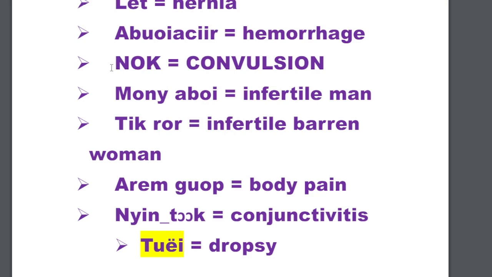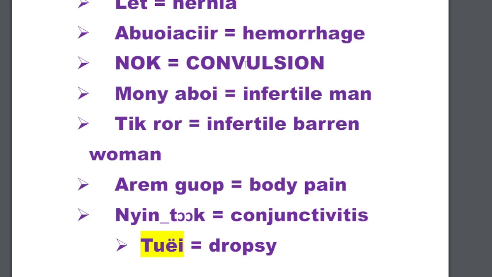Another common type of sickness is nook. Nook mean convulsion. Convulsion in English, so I don't want to go to that pronunciation. It's called convulsion. But come on, convulsion, yes.